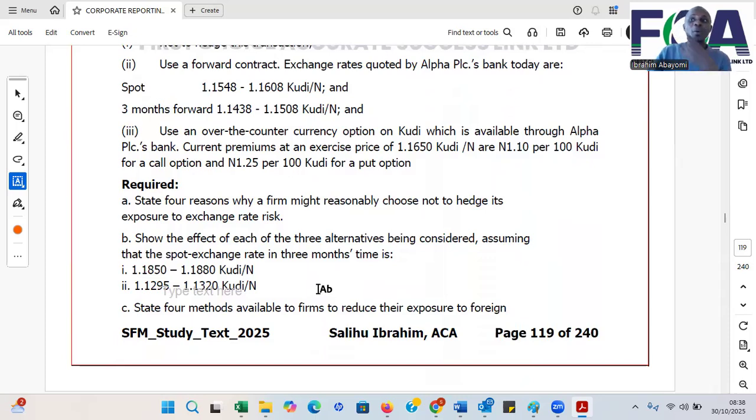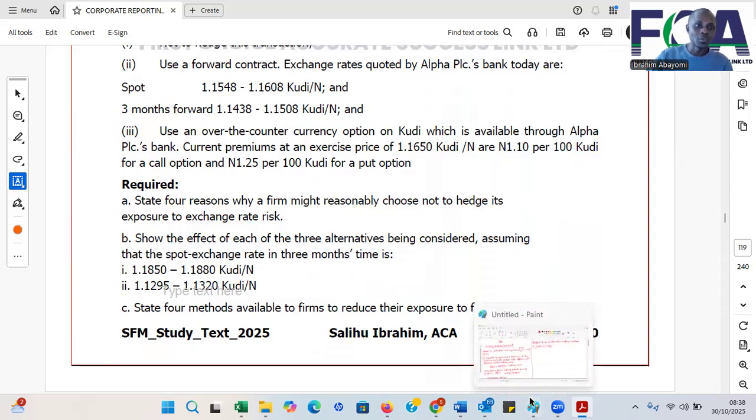The bank will not bid for the kudi, because the bank is buying kudi from you by selling naira to you. To sell naira to you, the bank will offer you the naira, and don't forget, the offer price should be the higher price.